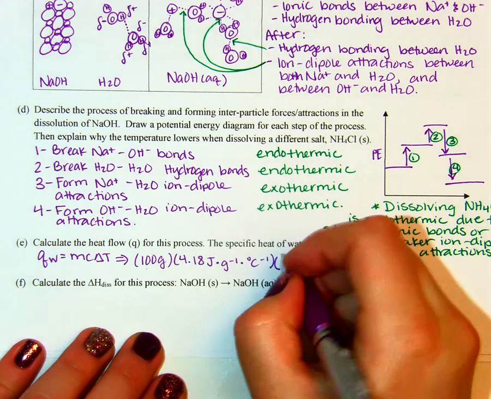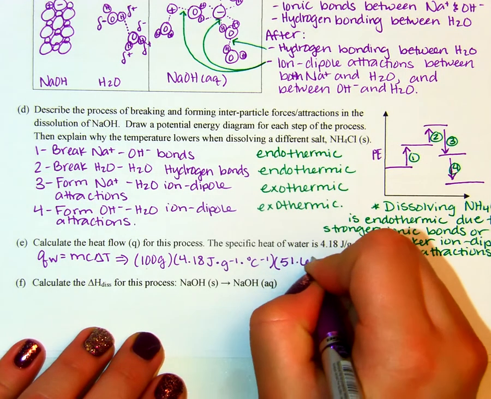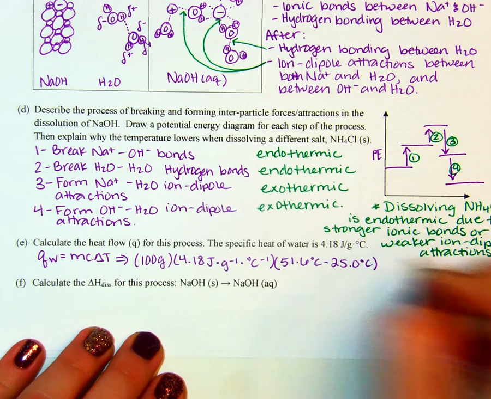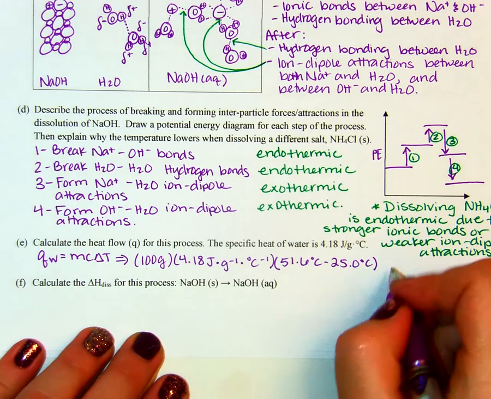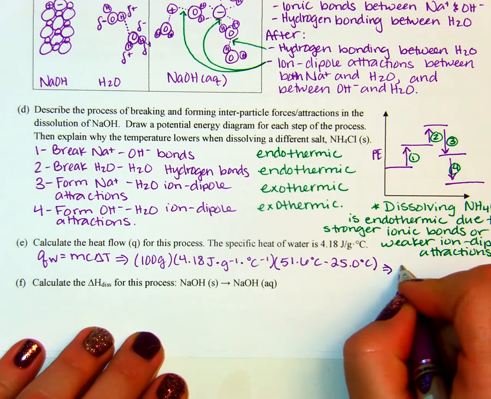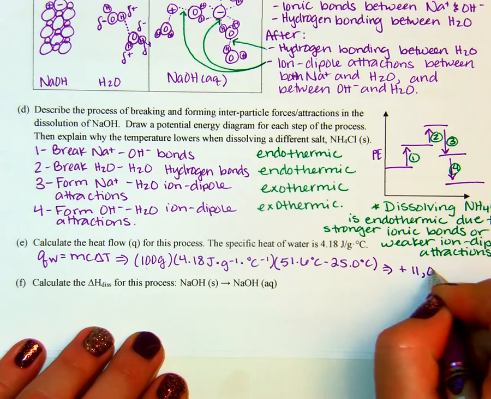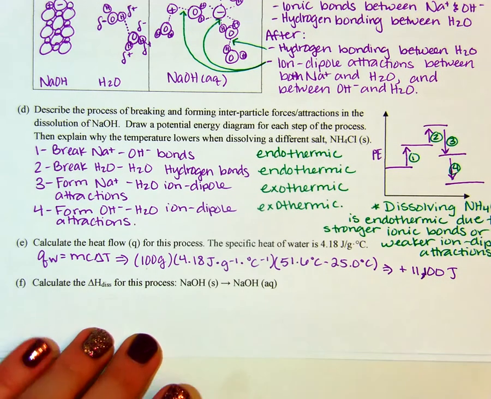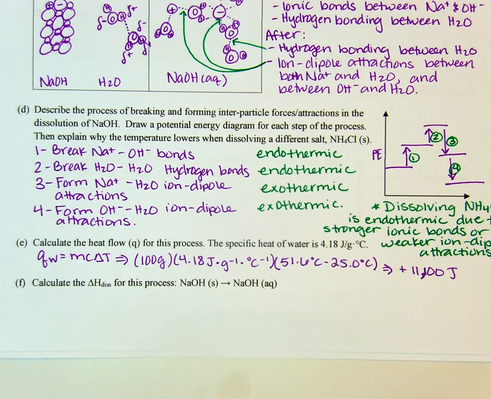We end at 51.6 degrees Celsius, and we started at 25.0 degrees Celsius. Plugging all of that into our calculator, you're going to end up getting a positive value of 11,100 joules. So that's how much heat that the water absorbed.